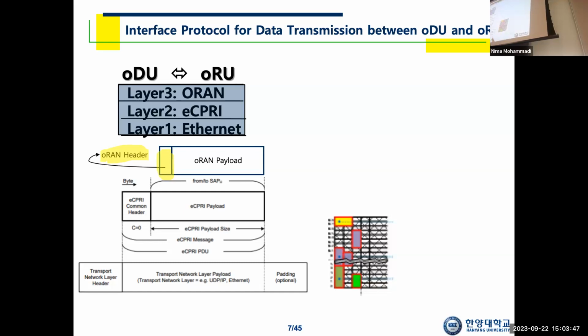So suppose the first transmission is downlink. Then the transmitter is ODU. ODU will map this into the packet, the ORAN payload. And the transmitter will put an ORAN header specifying the section type.